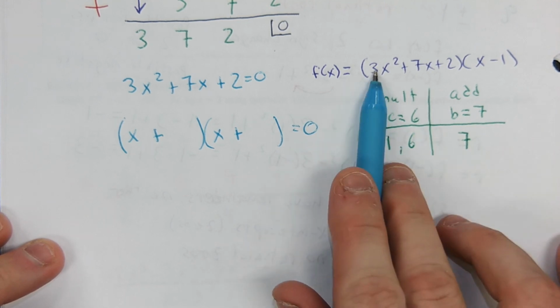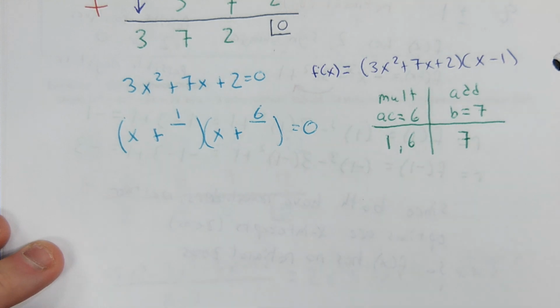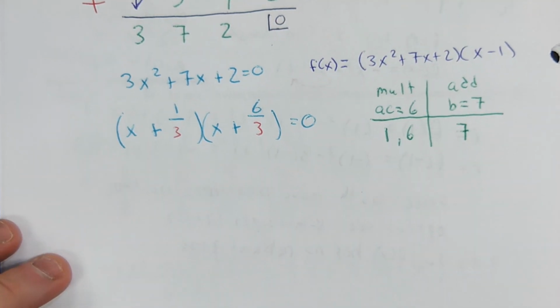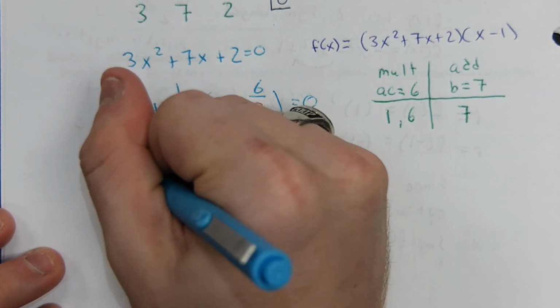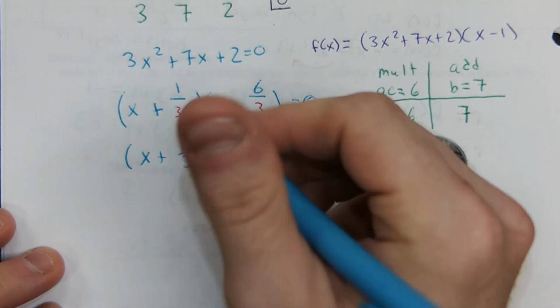So both of these numbers over a. 1 over 3, and 6 over 3 is 2.